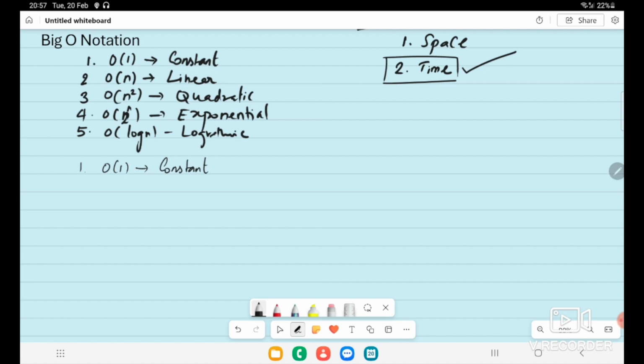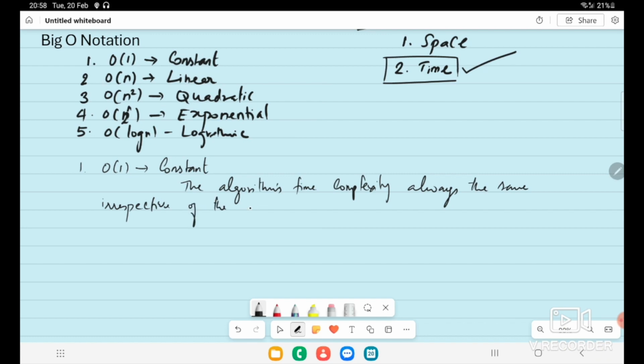In this constant type, the algorithm's time complexity is always the same, irrespective of the input data size, input data set or input data size.